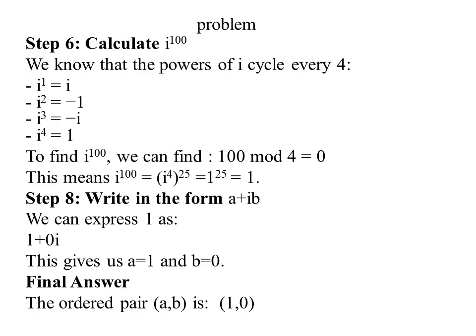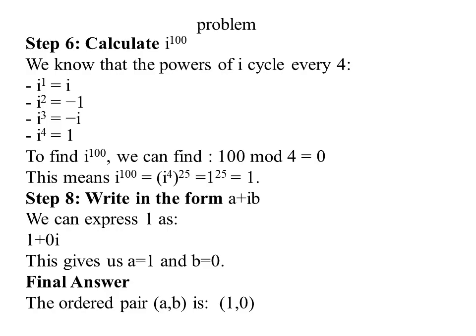To find i to the power of 100 we find 100 mod 4, that is equal to 0. This means i to the power of 100 is equal to (i to the power of 4) whole to the power of 25, that is equal to 1 to the power of 25, that is equal to 1.